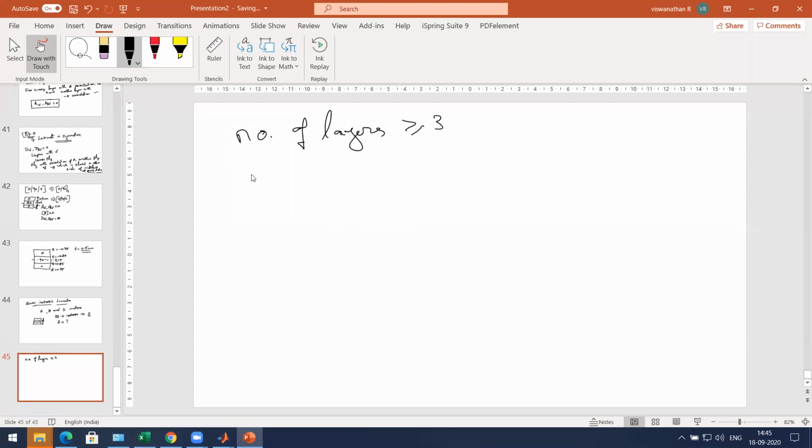And then each layer must be of the same material. If you are using carbon fiber and epoxy, use the same for the whole thing.